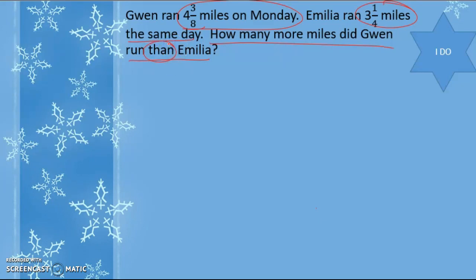I also know I'm making a comparison because I see how many more. So I need to know how much more Gwen did than Emilia. That lets me know that I'm going to subtract what Emilia has done from what Gwen has done. And that will let me know what the difference is.